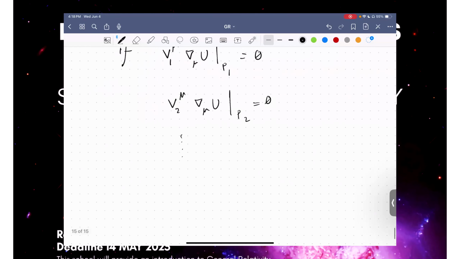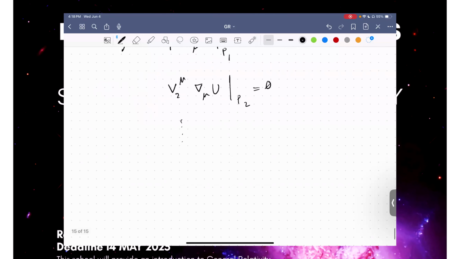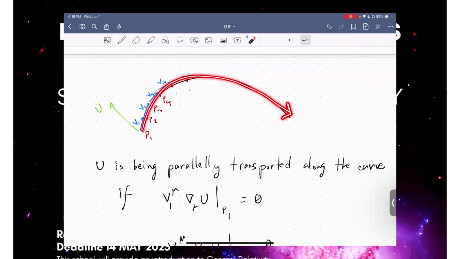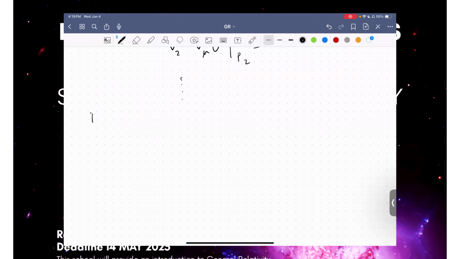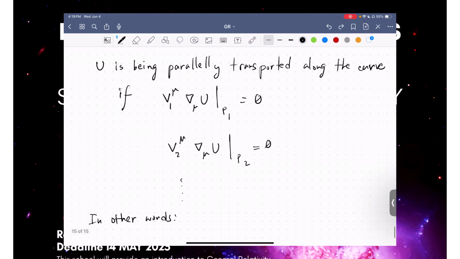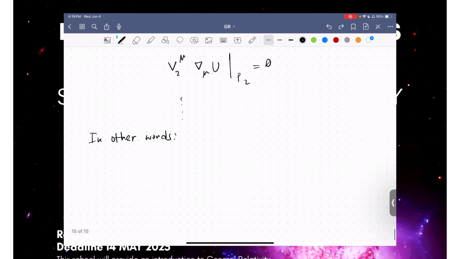Okay. So basically what is happening is that you have to say that U is being parallelly transported along the curve if, in other words, for any tangent vector, how should I write tangent vectors? V is fine.